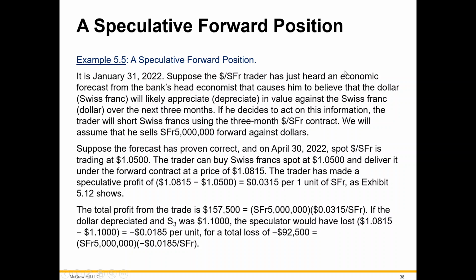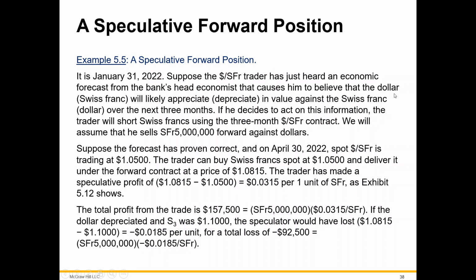A trader has an economic forecast that they believe the dollar will strengthen relative to the Swiss franc. If you believe the dollar is going to strengthen, then you want to take delivery of dollars forward, because you'll get dollars at a price that was determined now when the dollar is relatively weaker.